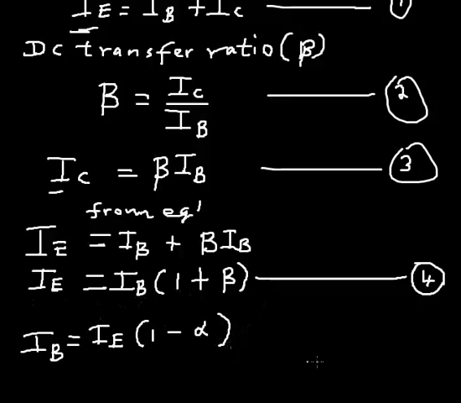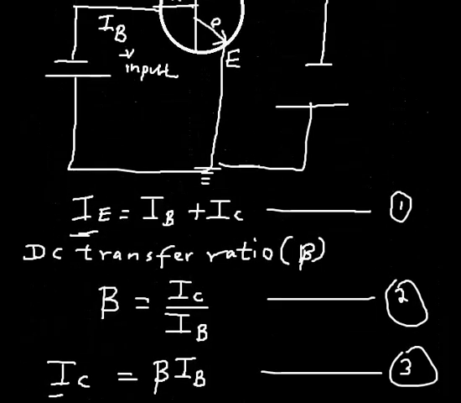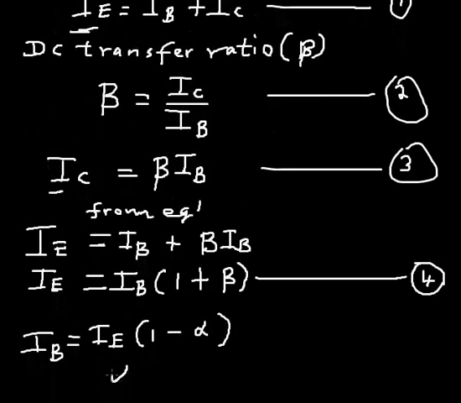We are going to combine these two relationships. In the next video, we're going to look at the relationship between alpha, the DC transfer ratio of common base, and beta, the DC transfer ratio of a common emitter. We'll combine all these formulas to generate a relationship. All right, so see you in the next video. Thank you very much.